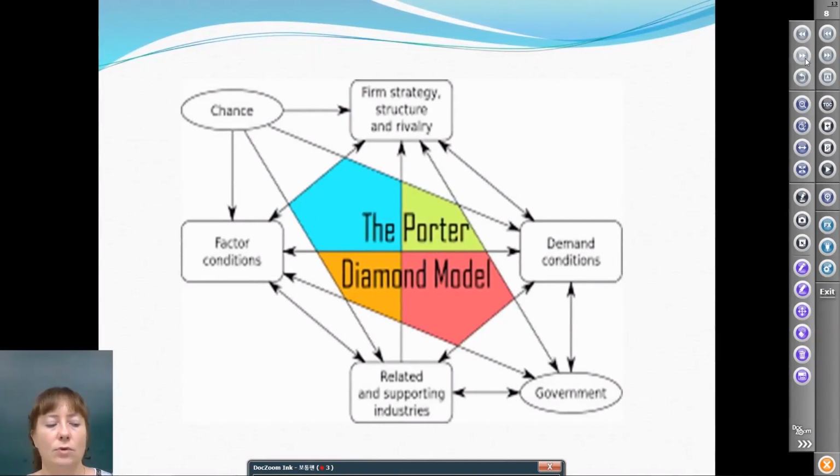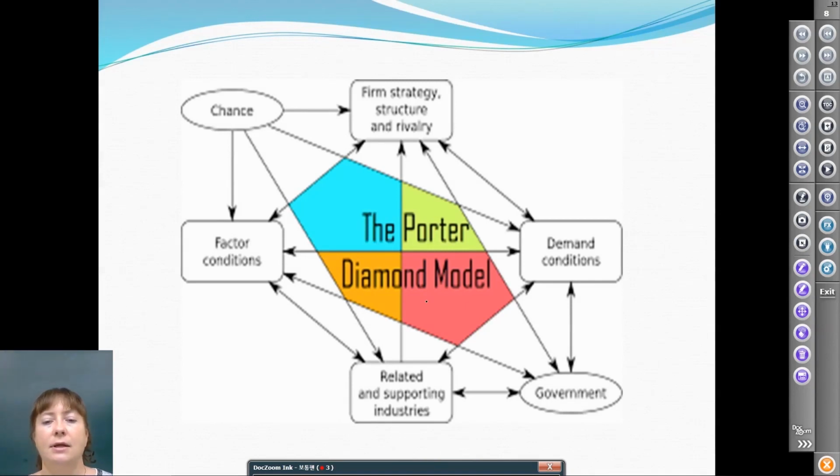And the last model, which I want to discuss with you, my dear students, is the Michael Porter model. Here you can see the Porter Diamond model. It's very famous because Michael Porter describes a specific tool for how to recognize the global environment and how to investigate the opportunities which may happen in the global environment to improve our competitiveness.